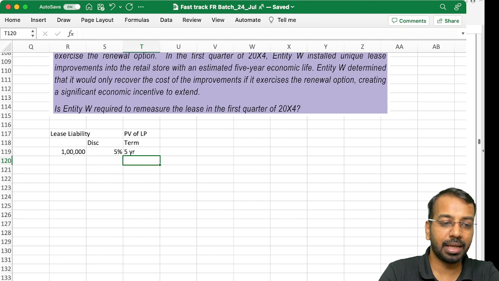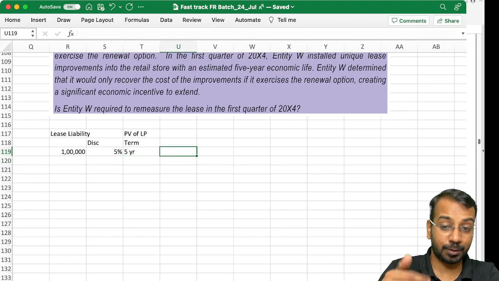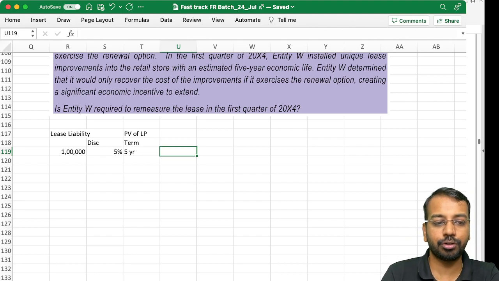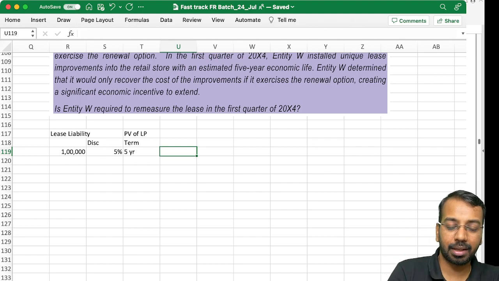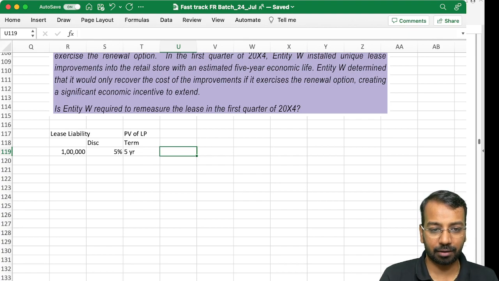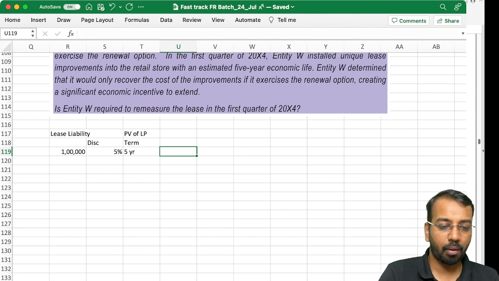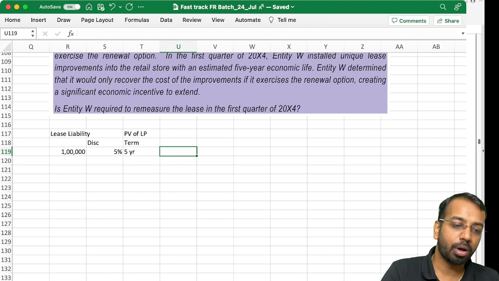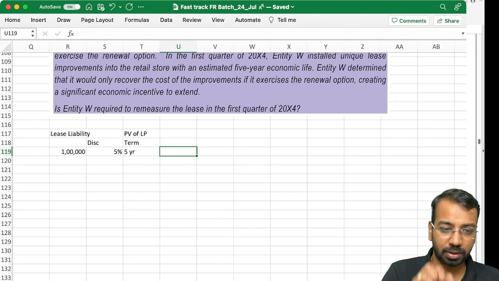Now, in the examination, especially for this kind of question, though the material has given a detailed year by year calculation, you don't need to do that because it is 1 lakh at 5% for 5 years. What you can do is take your calculator, and most of you would already be doing this: 1 divided by 1.05, 1 time, 2 times, 3 times, 4 times, 5 times, because it is 5 years.